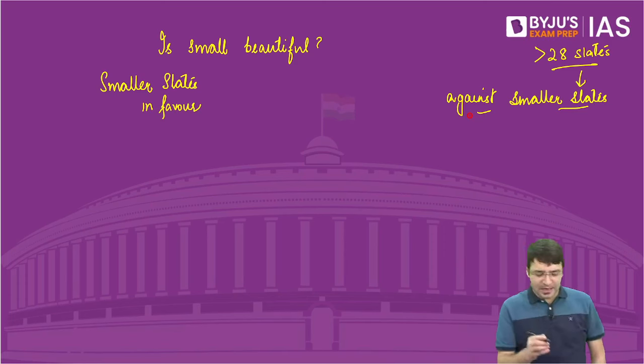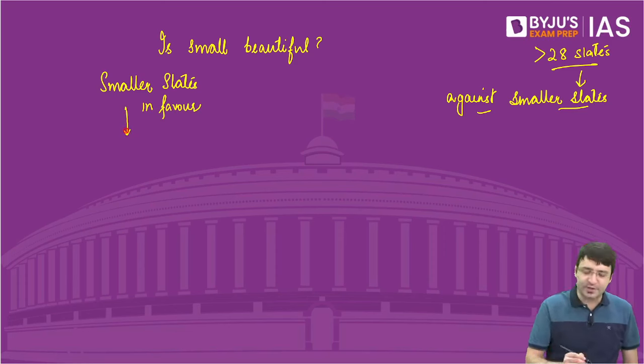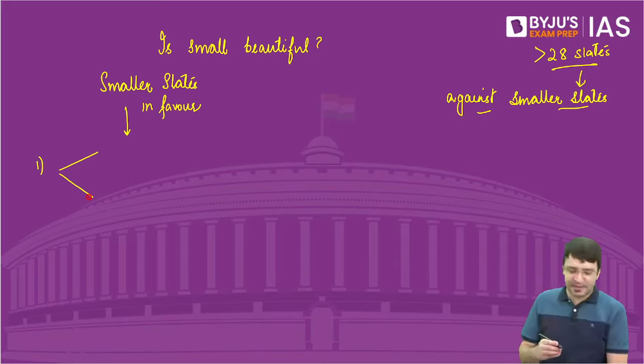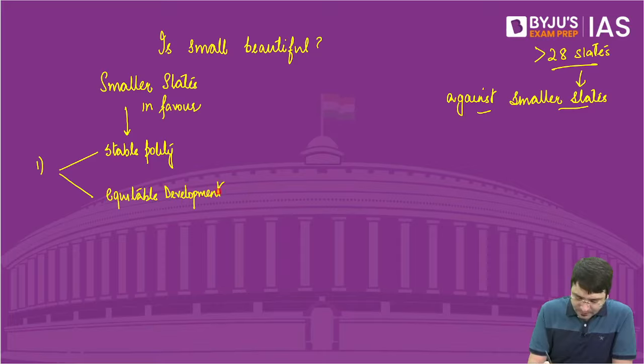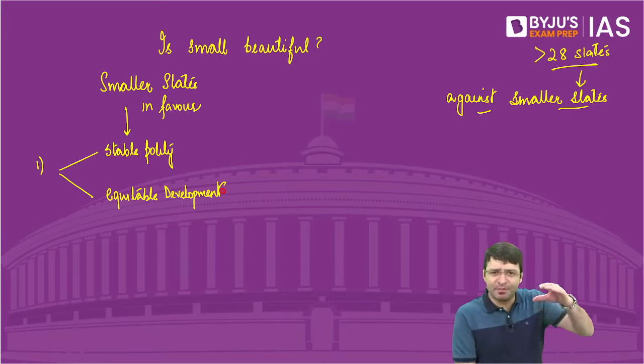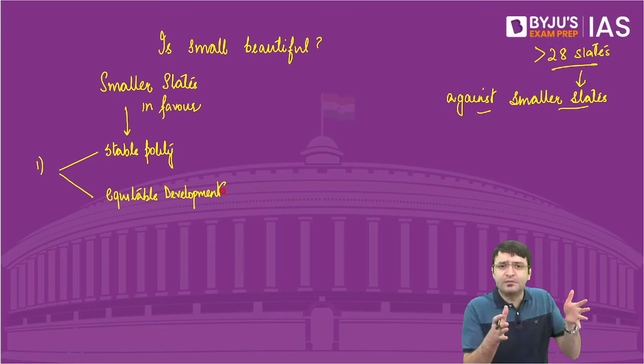Now let's look at arguments in favor of smaller states. Smaller states are created. Why? Because the argument is it will have a stable polity and it will result in equitable development. For example, if you look at the bigger states, for example, Maharashtra, Rajasthan, Uttar Pradesh, there is no equitable development.